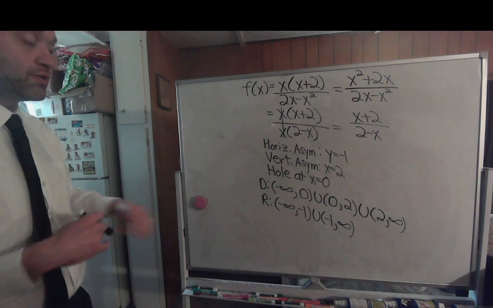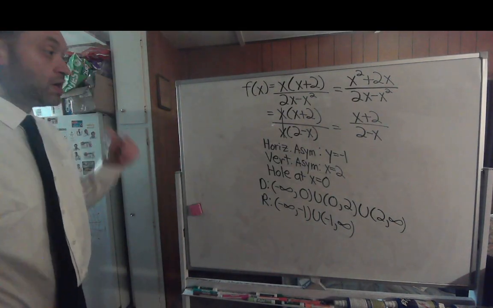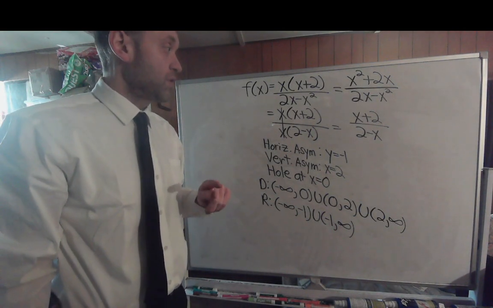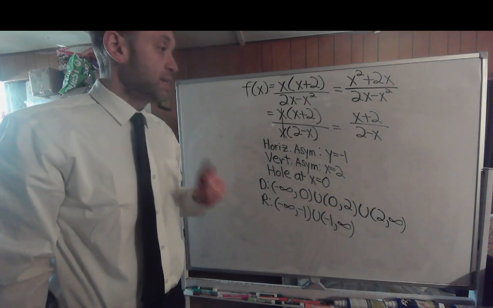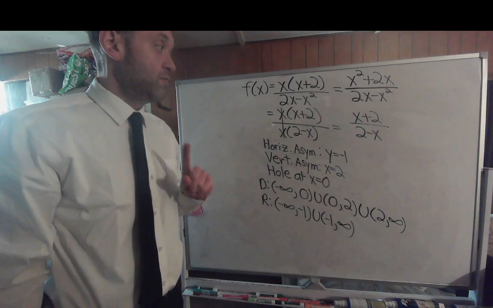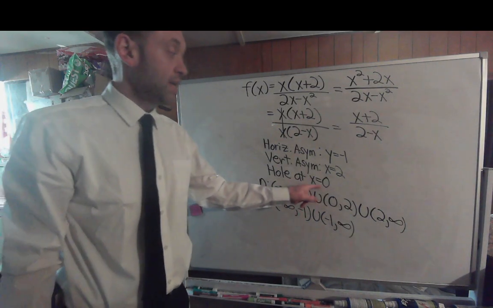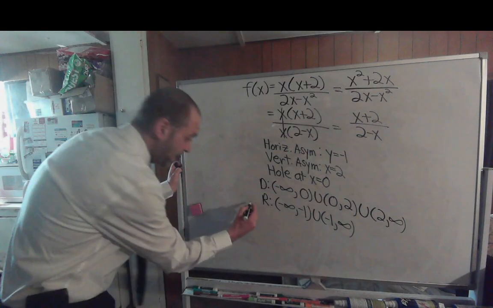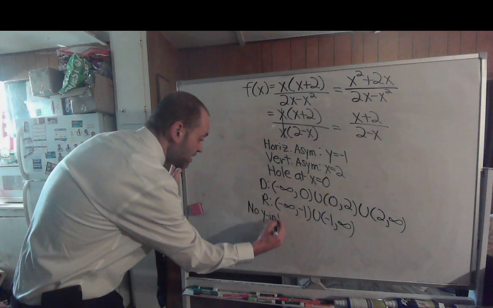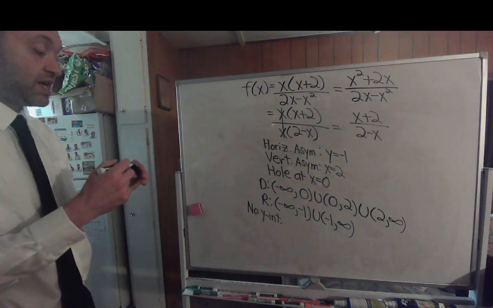Now what about intercepts? Well, when x equals 0, you would normally get a y-intercept of 1, but there's a hole at x equals 0, so we have no y-intercept in this case. Now, what about x-intercepts?